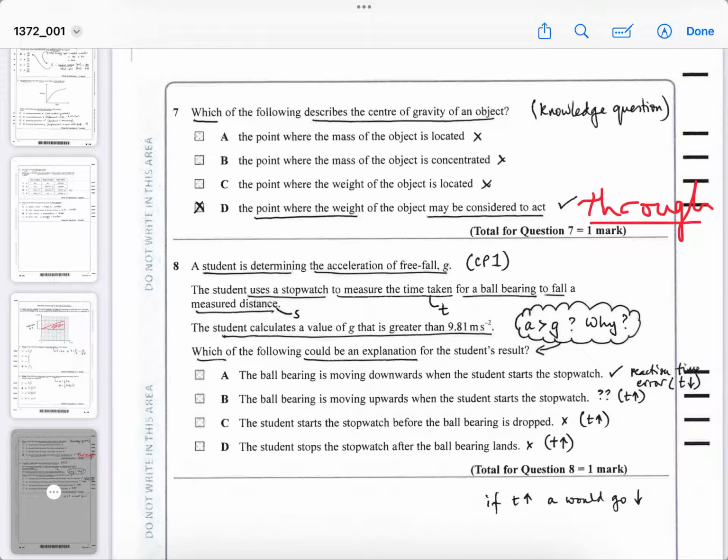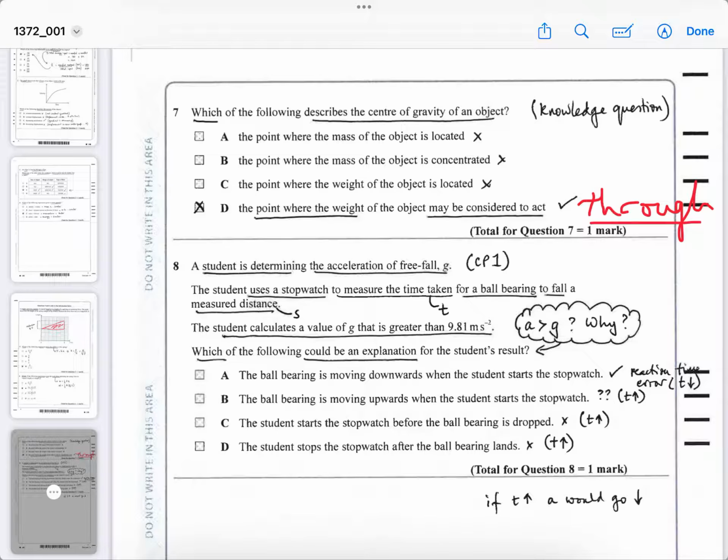A says the ball bearing is moving downwards when the student starts the stopwatch. So he's underestimating the time, and if he underestimates the time, acceleration is change of velocity over time taken. If the denominator is too small, the acceleration will be too large. In the second one, the ball bearing is moving upwards when the student starts the stopwatch, which is debatable.